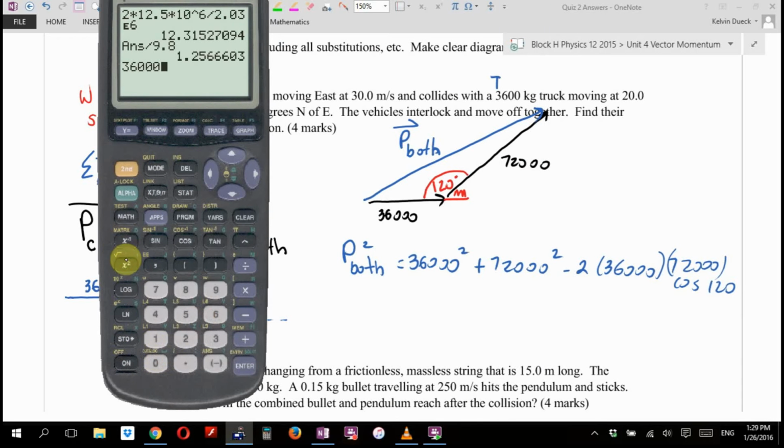36,000 squared plus 72,000 squared minus 2 times 36,000 times 72,000 cos 120. Wow. Oh, square root.